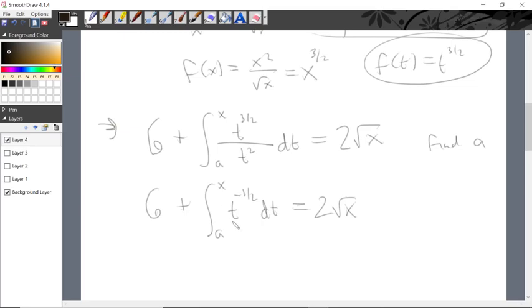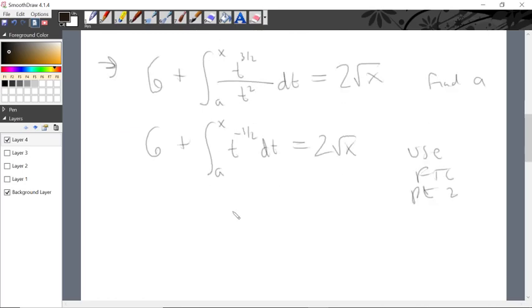Now, in order to do this integral right here, we're not taking the derivative of this integral now. We want the actual integral itself, and to do that, we're going to use the fundamental theorem of calculus part 2, to find an antiderivative. We're still leaving the 6 alone, and we're leaving this 2 root x alone as well.